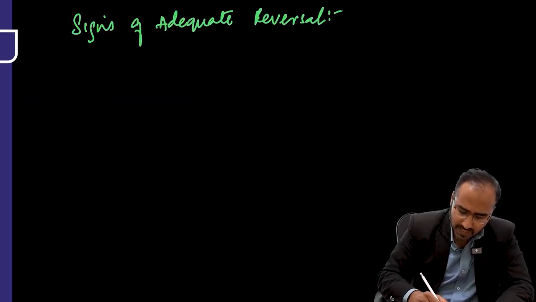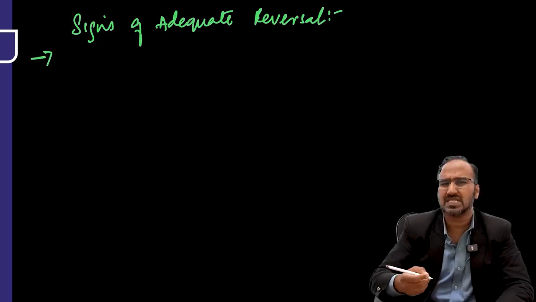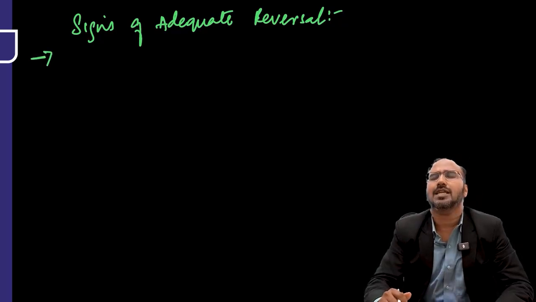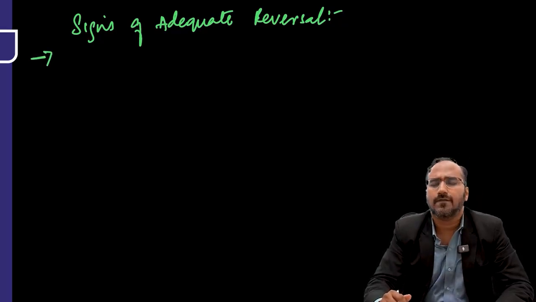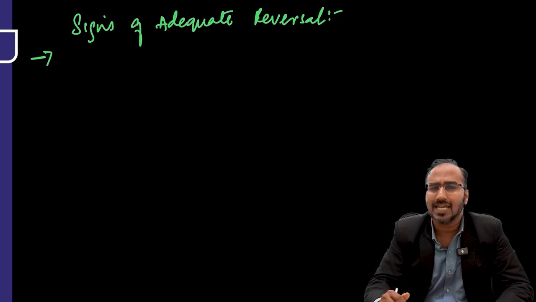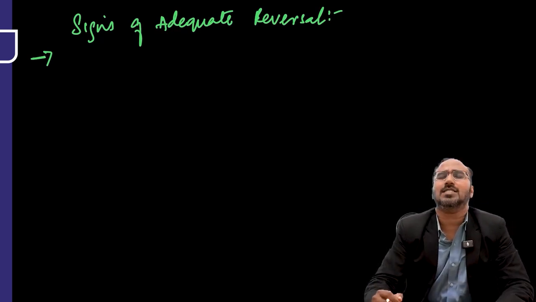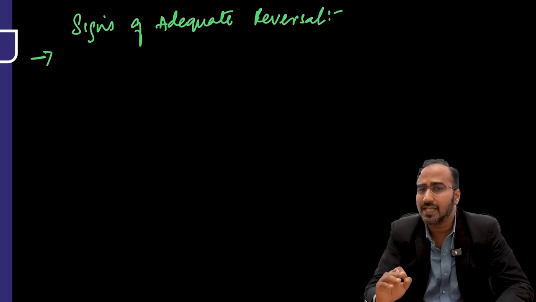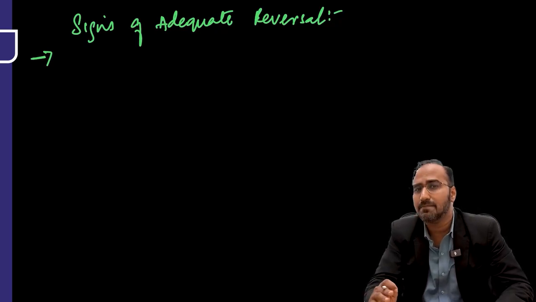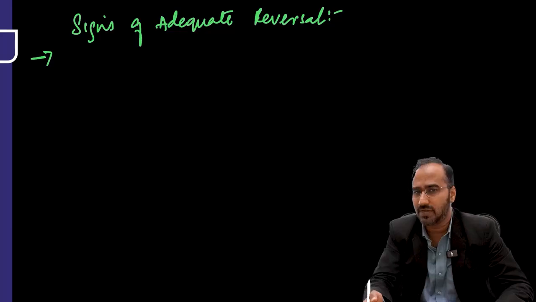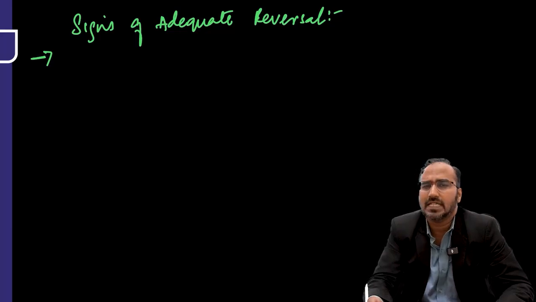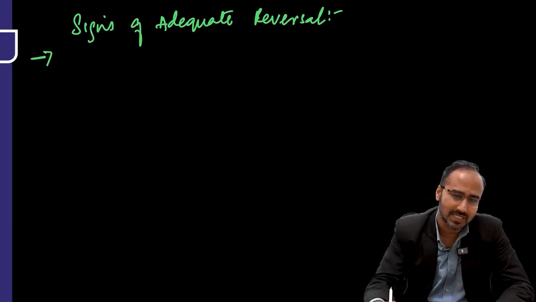The best sign is what, guys? You tell the patient to please lift your head. If he is obeying your command, lifting his head is considered the best sign of adequate reversal, for more than 5 seconds.